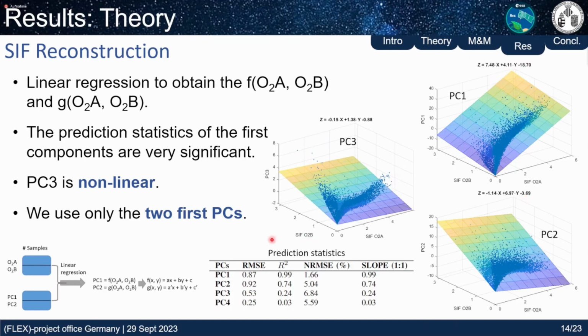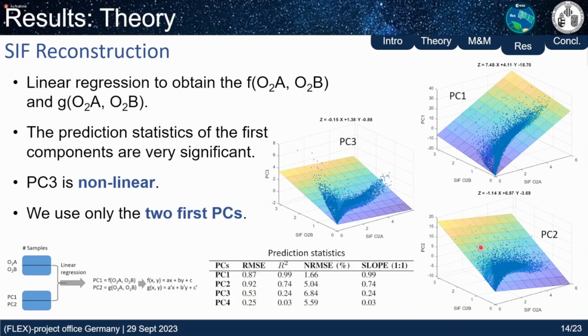We obtain the statistics between the linear regression and the original values, and we obtain the prediction statistics in this table. You can see that principal component 1 has an R square of 0.99, so it's a good linear regression, and the second has an R square of 0.74.